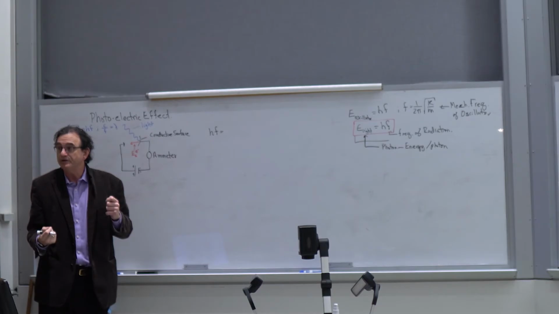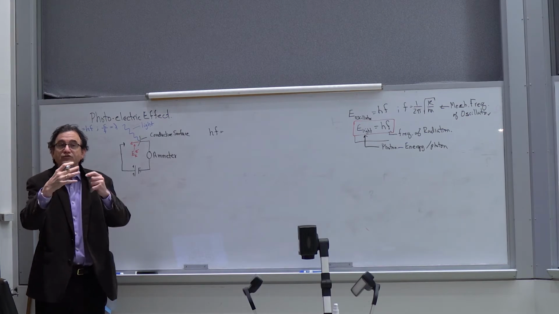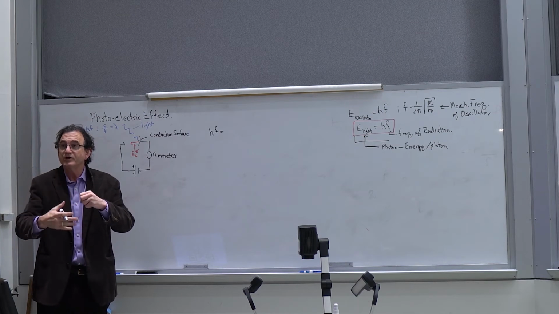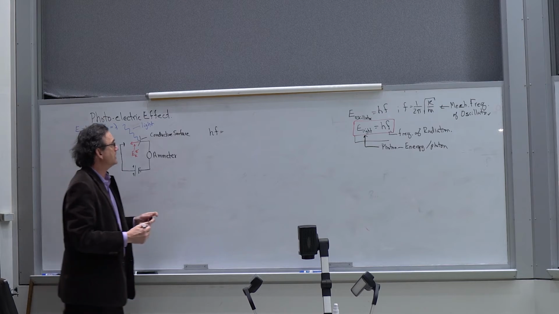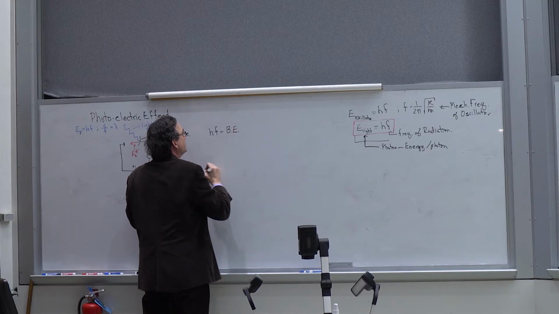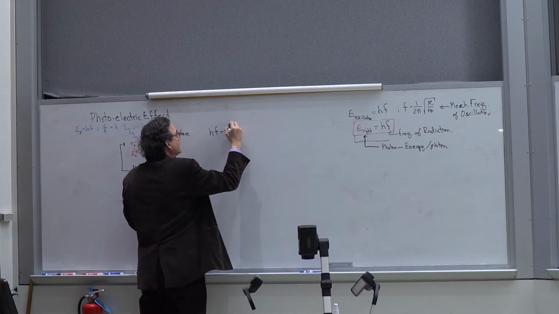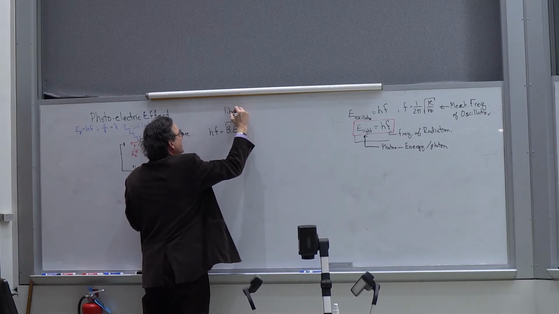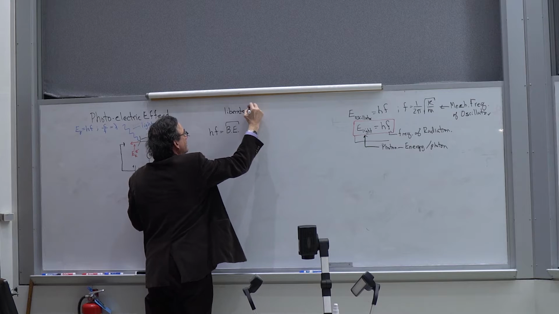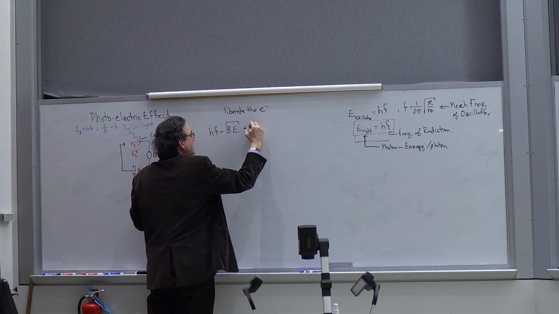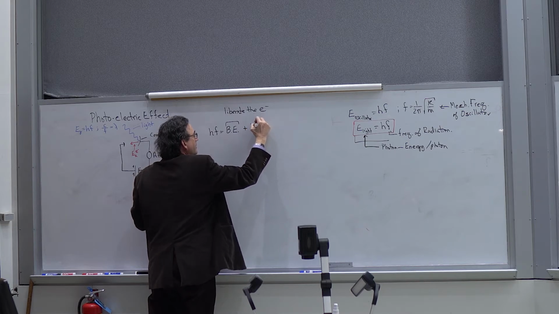That requires some energy, because as we know, electrons are bound in orbits. So there's a binding energy that has to be overcome. So the first thing it's going to do is some of that energy has to go into overcoming the binding energy. This will be enough to liberate the electron from the surface. And then the remainder of the energy can go into the kinetic energy of the electron.